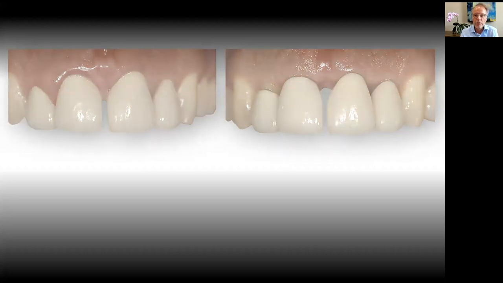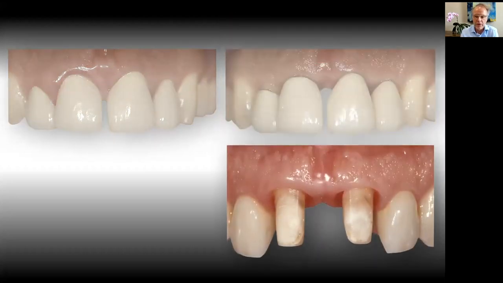Then I remove the crowns and I prepare the teeth, and the tissue is now maturing. I use my provisionals to guide the tissue the best I could, but because the teeth were so far apart, in this case, probably 5 millimeters, there's little I can do for managing the papilla to creep incisally.